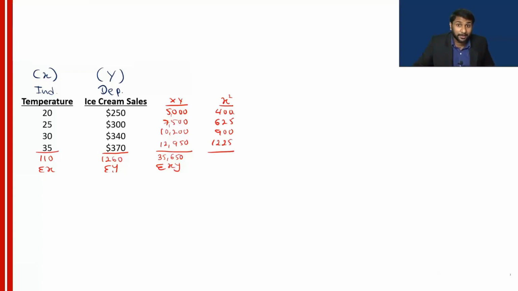Here we took the square of each and every x. Now let's take the sigma of the x square column, the addition: 400 plus 625 plus 900 plus 1225. I am getting 3150.